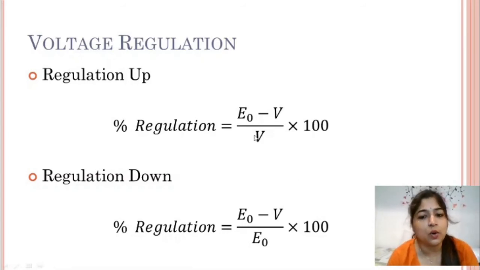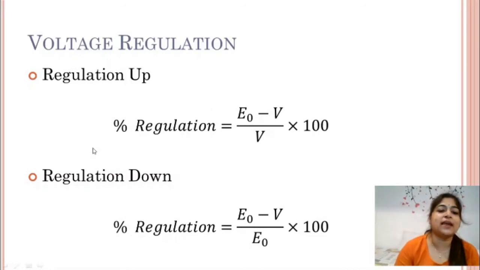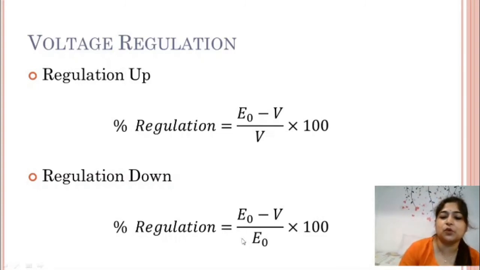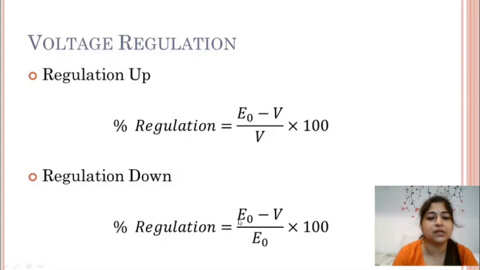So a lower value as the terminal voltage gives regulation up. And if you have a higher value in the denominator, you will get a lower answer. So that is why if you use the no load voltage here, you will get the answer as regulation down.